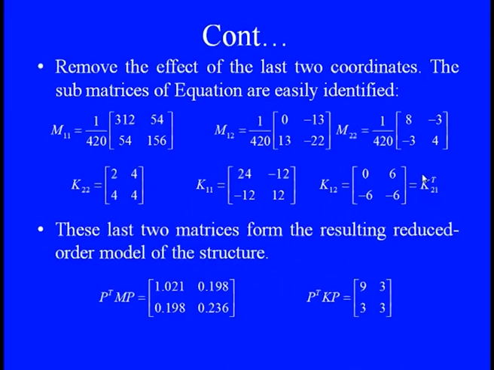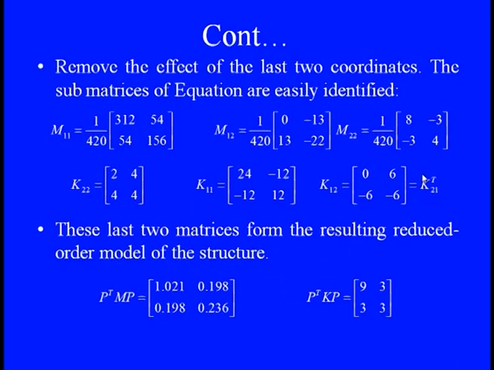These last two matrices show the resulting reduced order model of the structure. We can go with the two main parts: P transpose M P, which on multiplying gives 1.012, 0.198, 0.198 and 0.236.